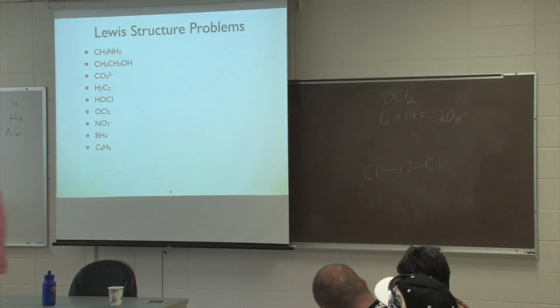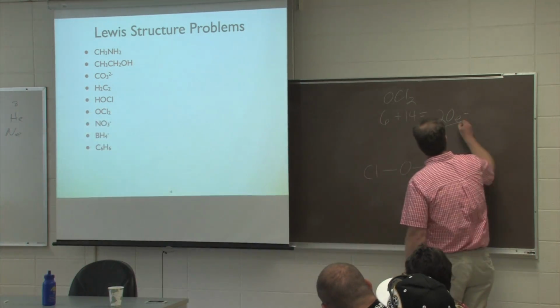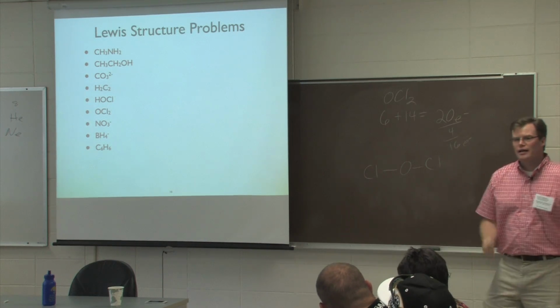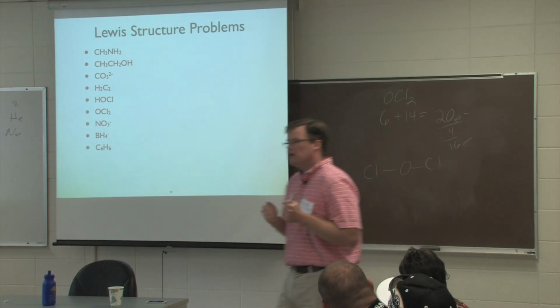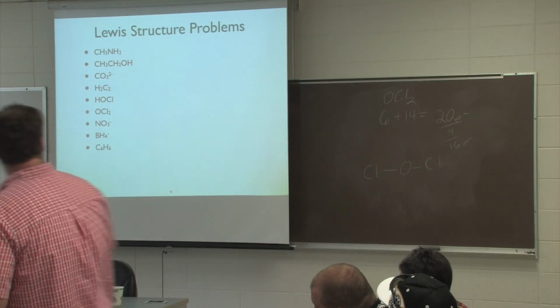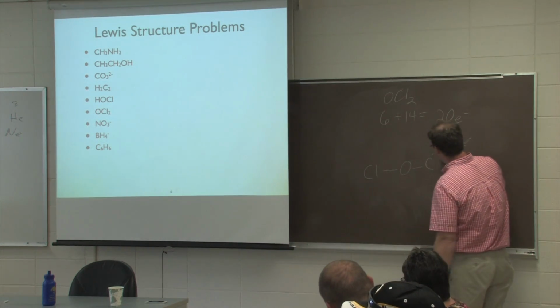Does that make sense? All right, so we've used 4 electrons out of these 20. That's 16 electrons left. What I like to do then is just dump the rest of the electrons into your system. I'm going to start filling up the octets on all of these atoms.